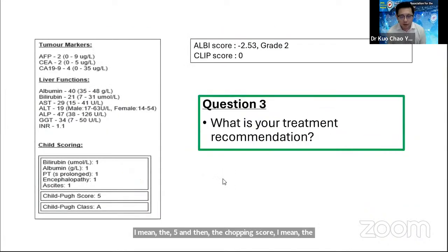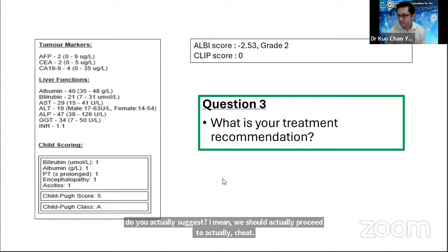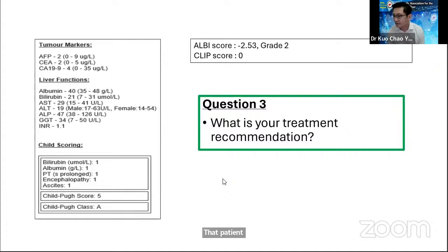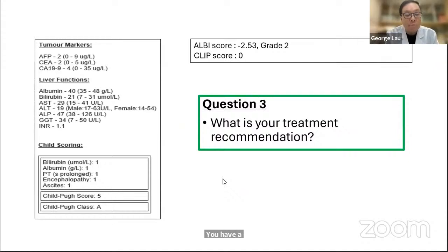Based on all the information before, what is your treatment recommendation? How do you suggest we proceed to treat the patient? You have a solitary lesion, so you have to go for good liver function, so it's a resection or local ablation.